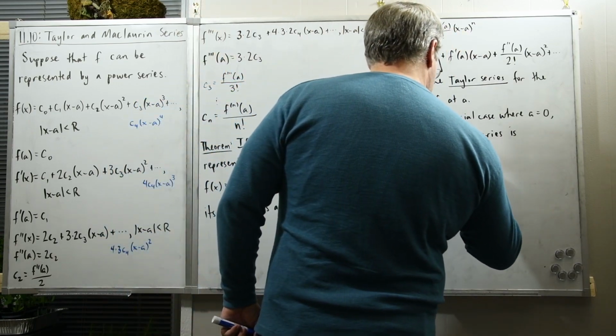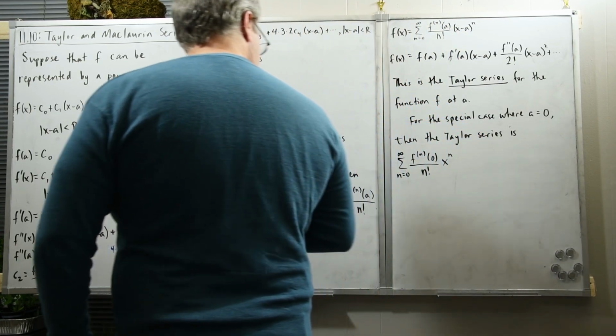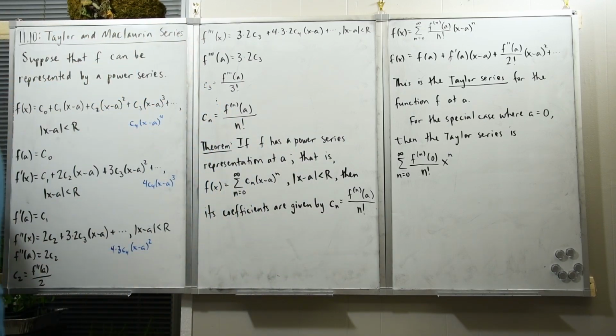Well, that's just going to be x to the n. And that's what we refer to as a Maclaurin series.